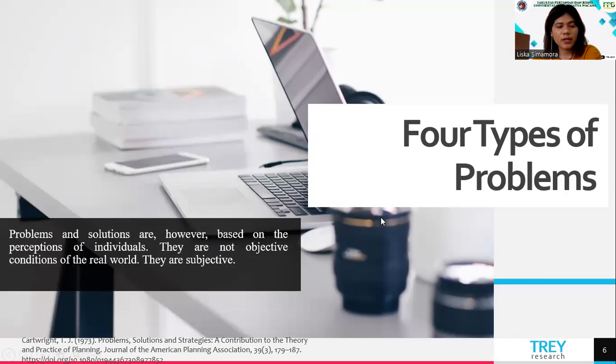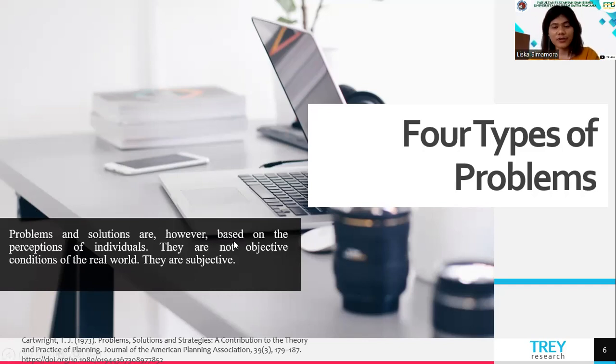And then problems and solutions are based on the perception of individuals. They are not objective conditions of the real world. They are subjective. For example, if something is a problem for you, it could be not a problem for me. Something that is maybe a problem for me might not be a problem for you.